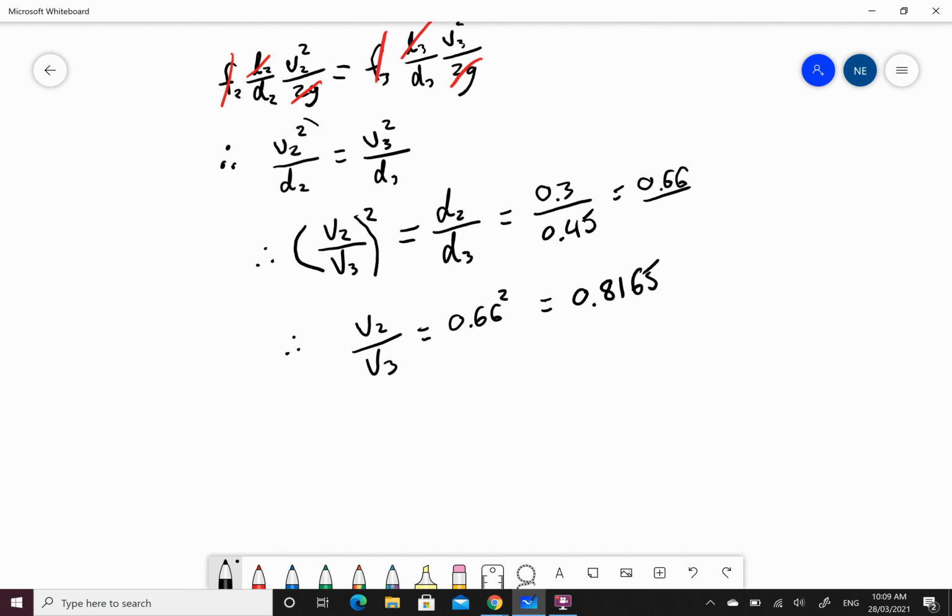And now what I'm able to do is bring V2 in terms of V3. Alright, so now we're rearranging a bit of maths here. So V2 is equal to 0.8165 V3. This here is our equation 2.